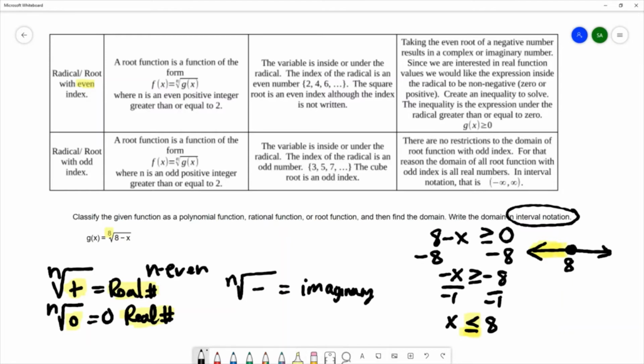And I want to represent that interval with interval notation. That interval will start at negative infinity and stop at 8. For negative infinity, we use a parenthesis next to that. And for 8, we'll use a bracket to represent that 8 is included. So it's the same thing as a filled in dot. And that is our domain from negative infinity to 8.